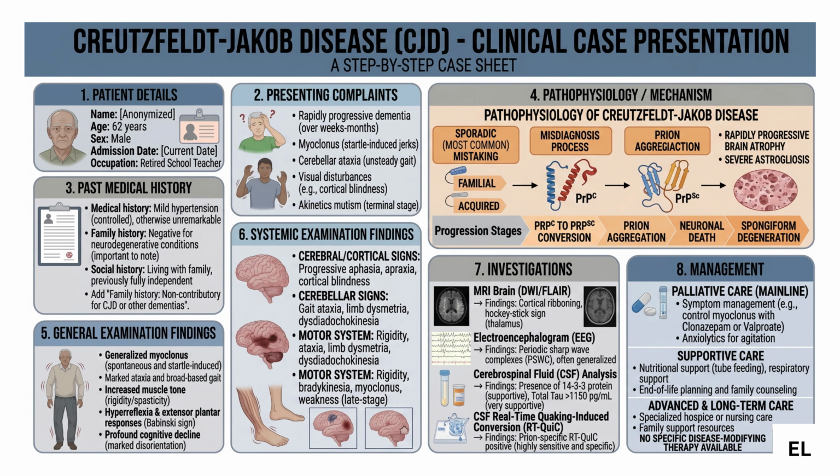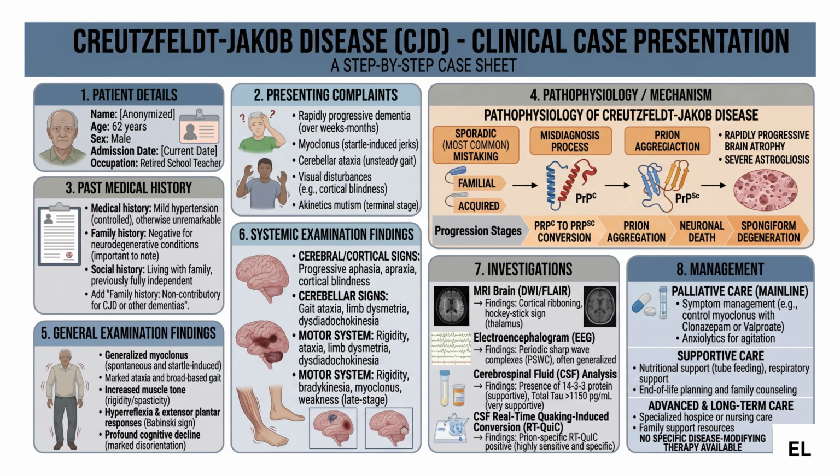In summary, Creutzfeldt-Jakob disease is a rare but devastating neurological disorder caused by abnormal prion proteins that lead to rapid brain degeneration. The disease is characterized by rapidly progressive dementia, myoclonus, ataxia, and widespread neurological impairment. Diagnosis relies on a combination of clinical findings, imaging studies, electroencephalography, and cerebrospinal fluid testing.